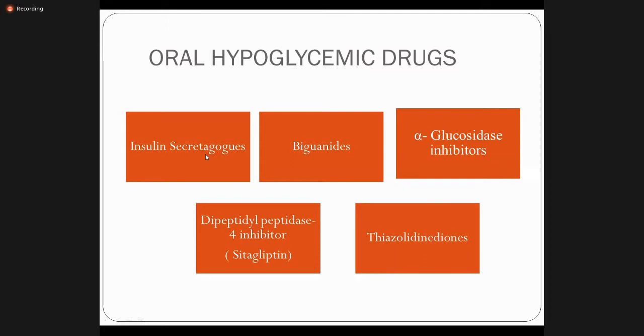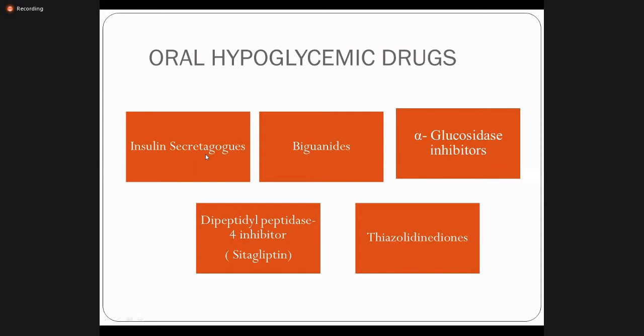And one thing you must remember, and this is important: if any oral hypoglycemic drug is going to enhance insulin release, one problem as a side effect is definitely going to occur, so we will have to monitor it. What is that? Increased chances of hypoglycemia, right?